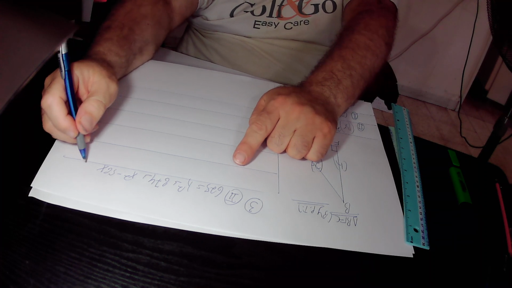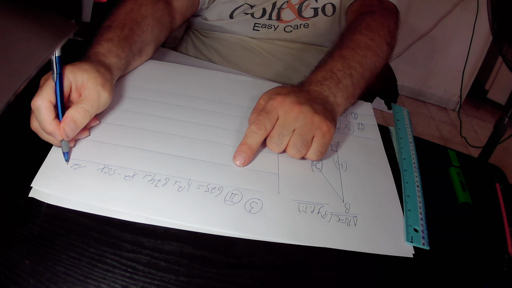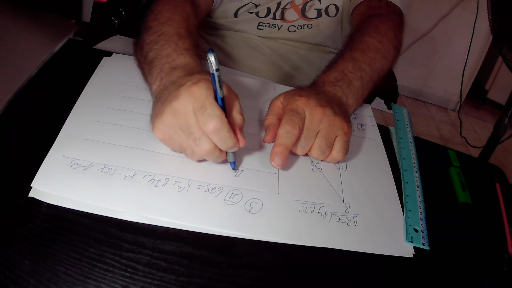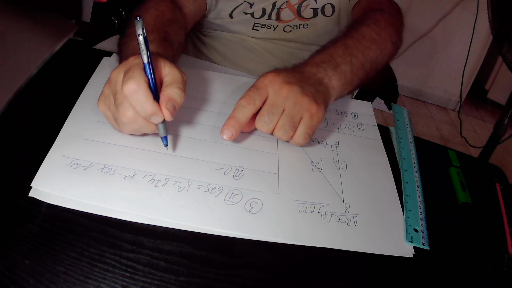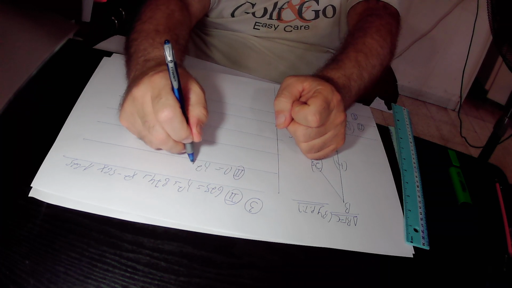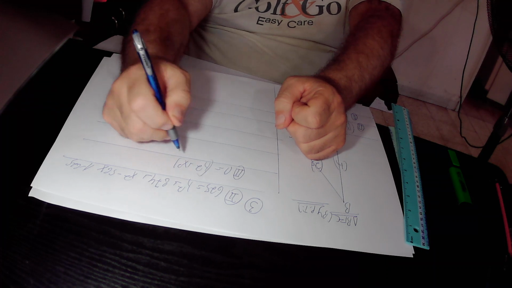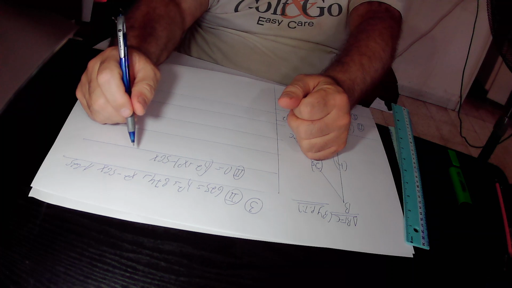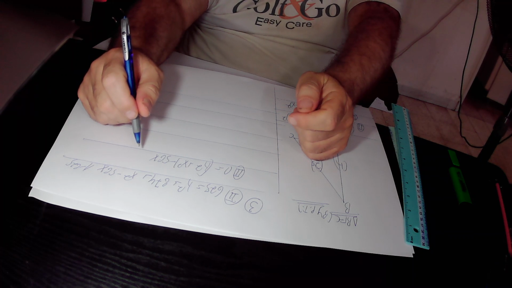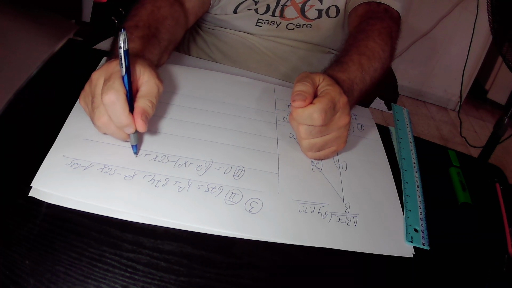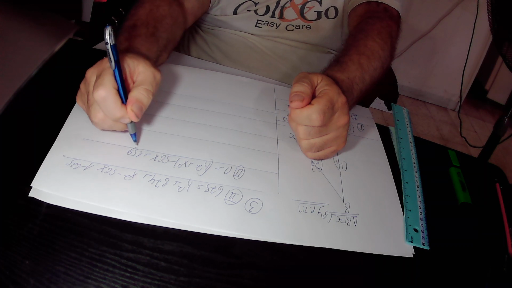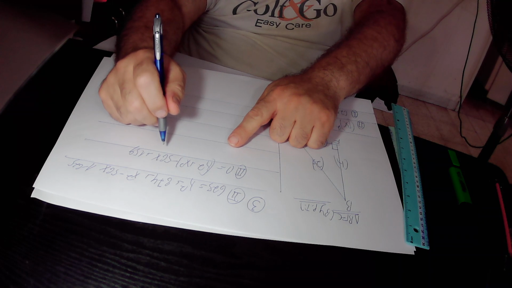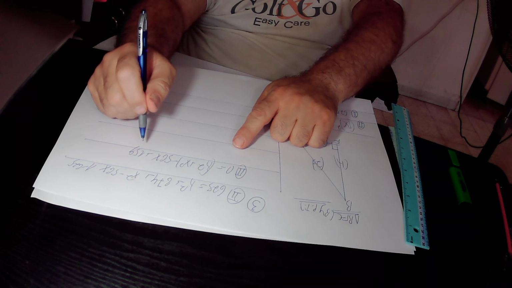Here we subtract 625 from the equation. On one side we are left with 0. On the other side we have 8 squared plus X squared minus 56X, and 784 minus 625 equals 159. So according to equation 2, 0 equals h squared plus X squared minus 56X plus 159.